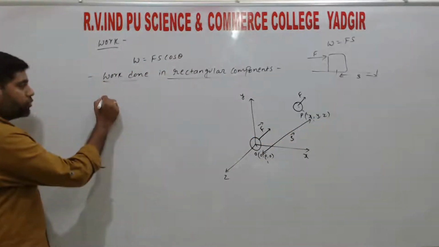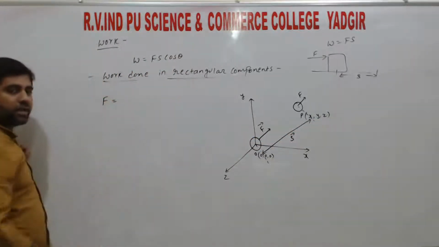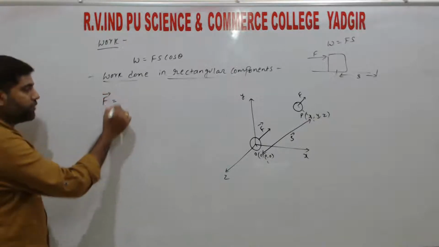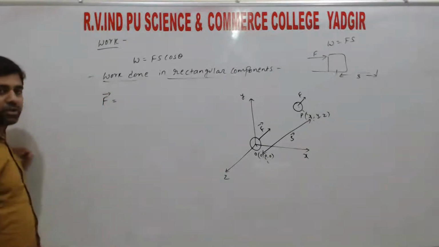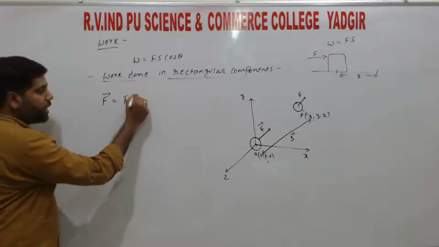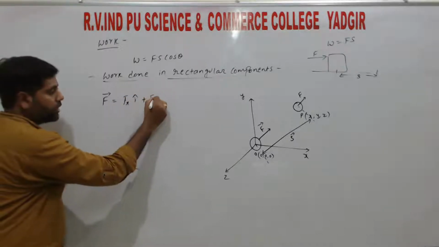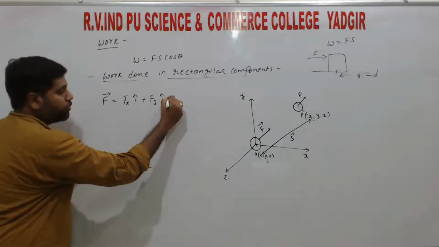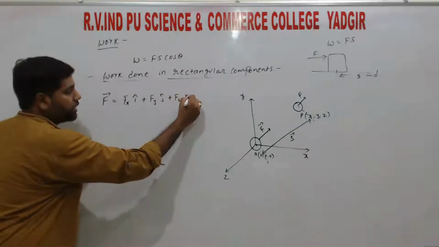The applied force in space, F, is a vector in three dimensions, and we can represent it as Fx i cap plus Fy j cap plus Fz k cap.